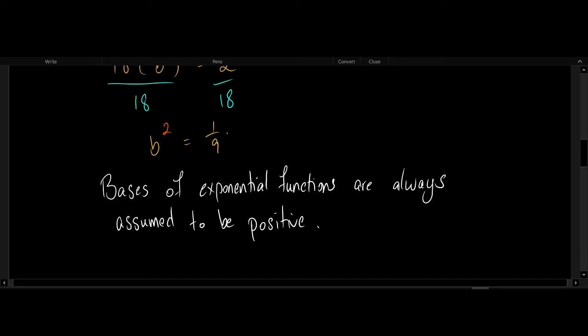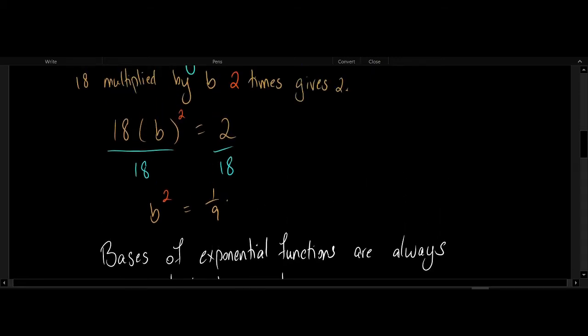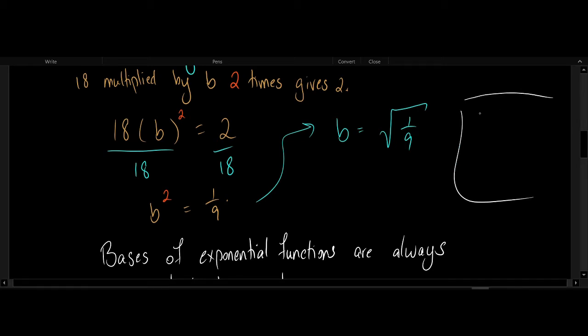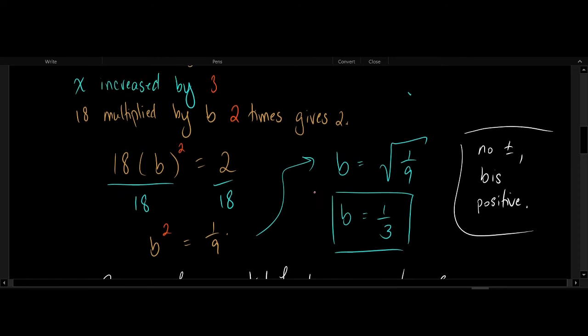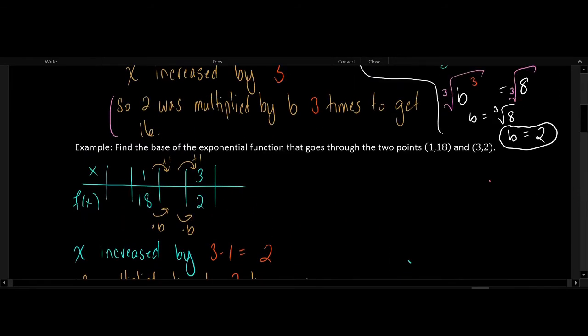Which means that when we get rid of this square by using the square root, we don't have to worry about plus minus. We can take b equals the square root of 1 over 9, no plus minus, because b is positive, and that can be simplified to 1/3. b equals 1/3 would be the base of the exponential function that goes through these 2 points.